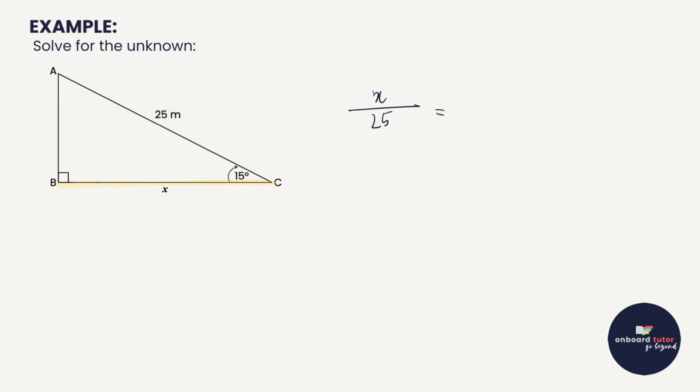And then that needs to equal a trig ratio of the angle. Looking at this triangle, I've got 90 degrees here, I've got 15 degrees there, and if I wanted to be very smart, I could actually work out the value here of A, because I know that the inside angles of a triangle do add up to 180 degrees. But I'm going to just keep it simple, and I'm going to link things to this 15-degree angle here.